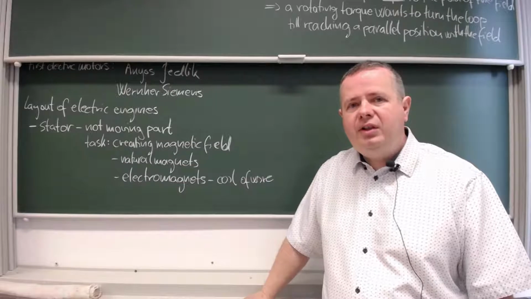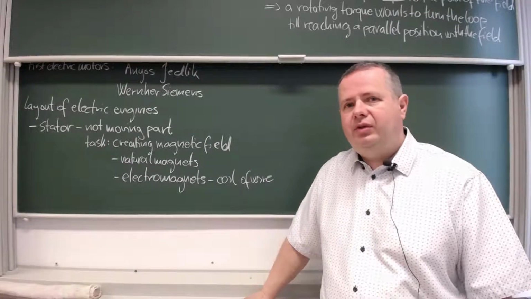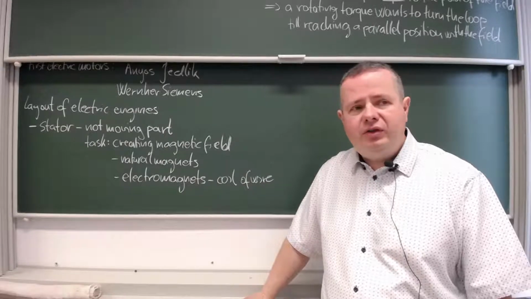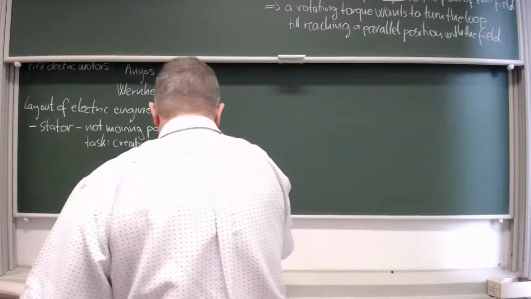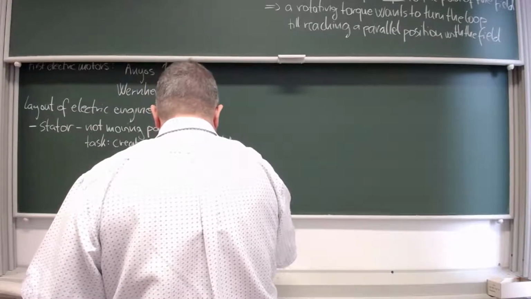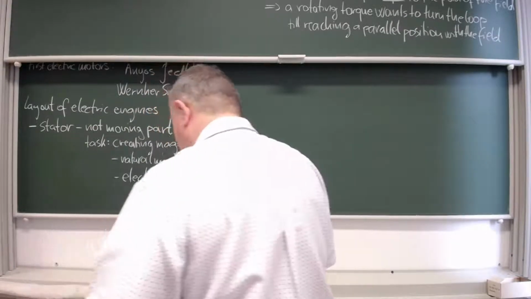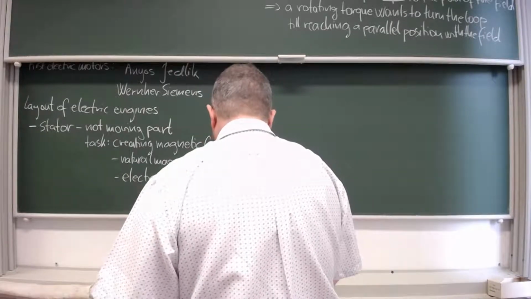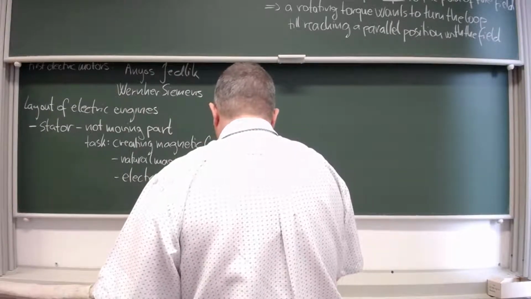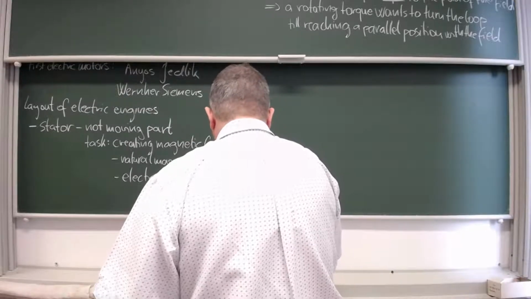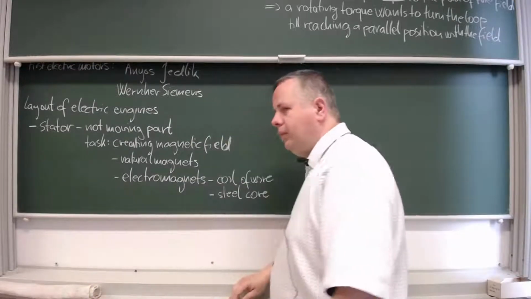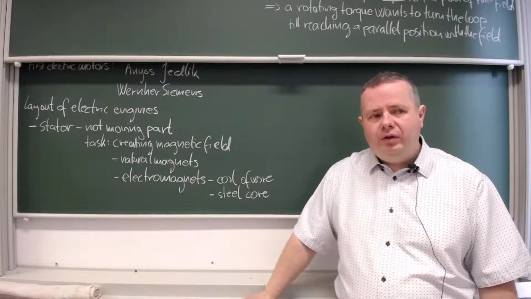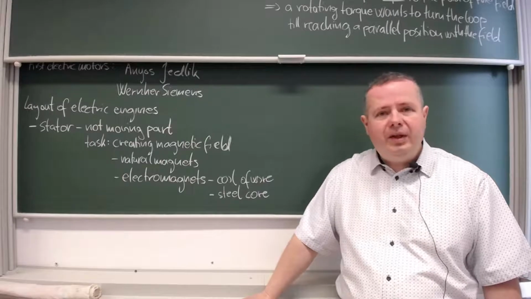So that this magnetic field could be strong enough and could form a homogeneous field, you get a steel core, a steel material around which the winding or the coil is made.